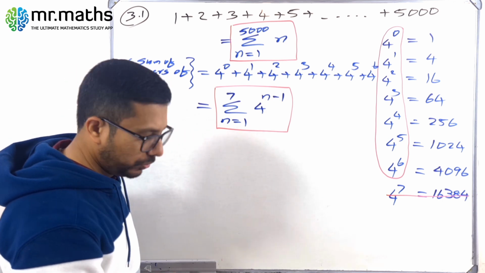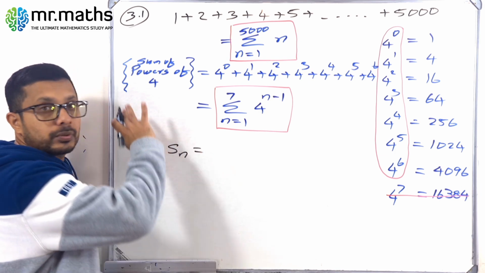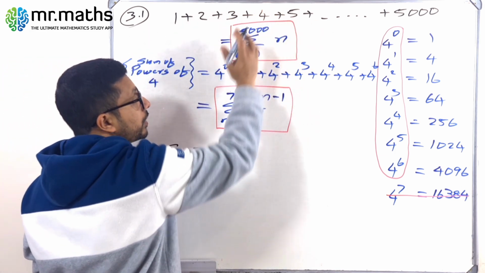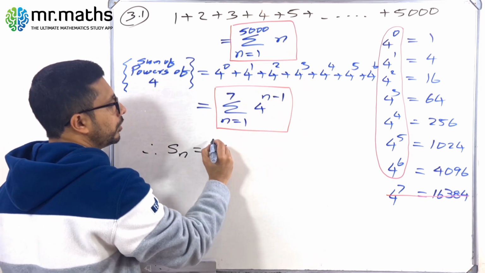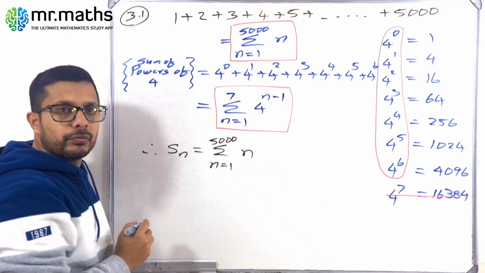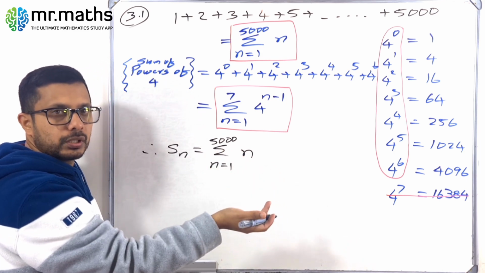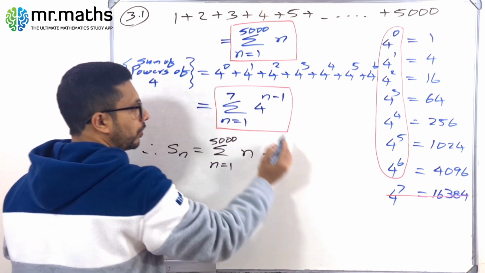Therefore Sn is equal to, what is the sigma notation for the given series? This one, okay. So sigma n is equal to 1 to 5000, n, and from this series you have to remove the powers of 4, okay. So what is the sigma notation for the powers of 4?